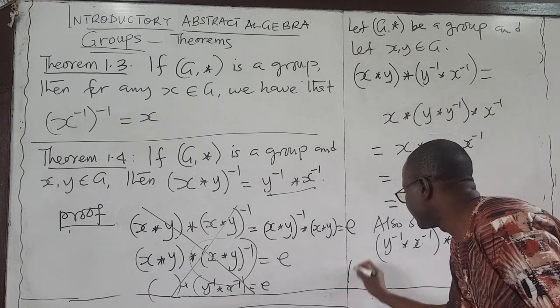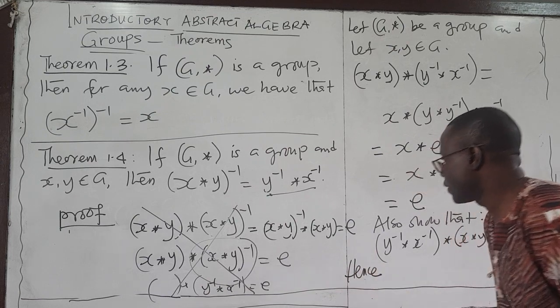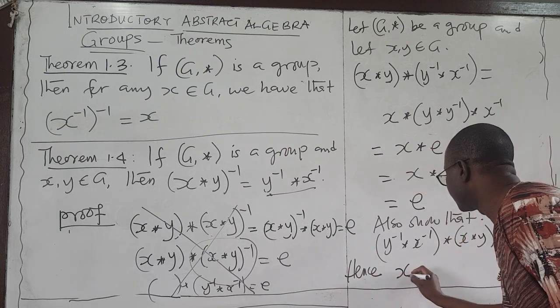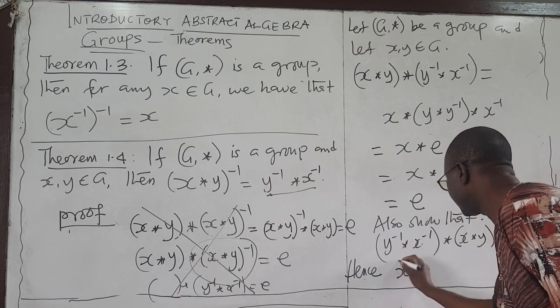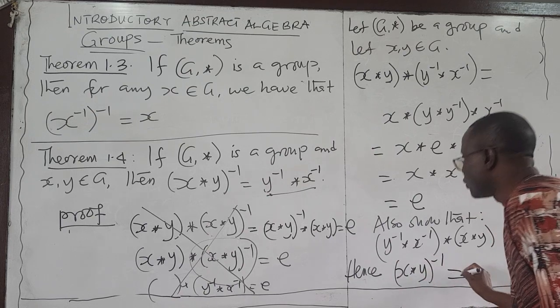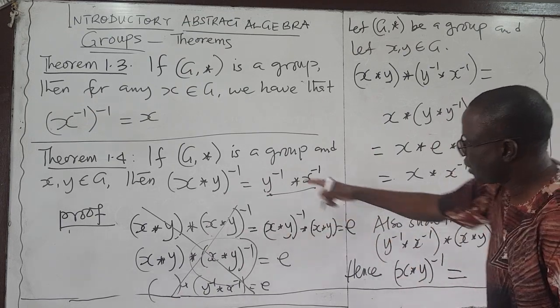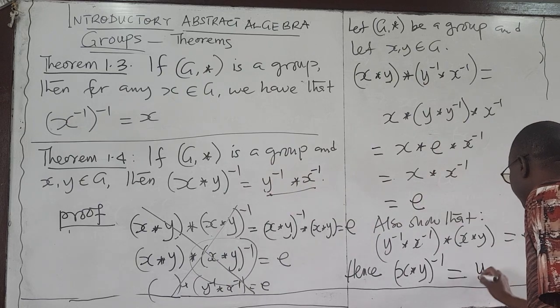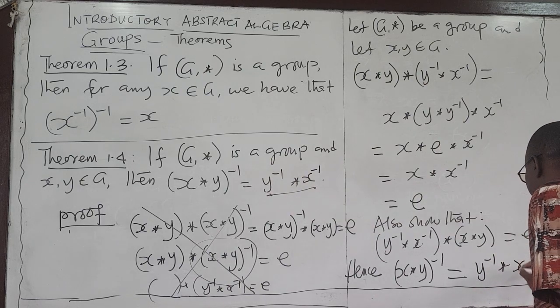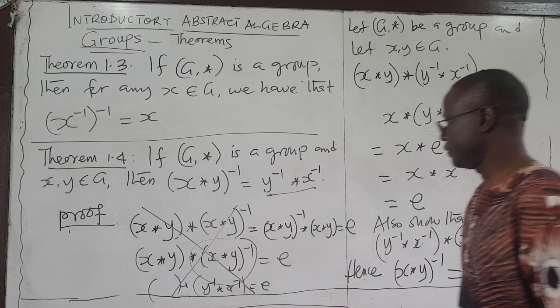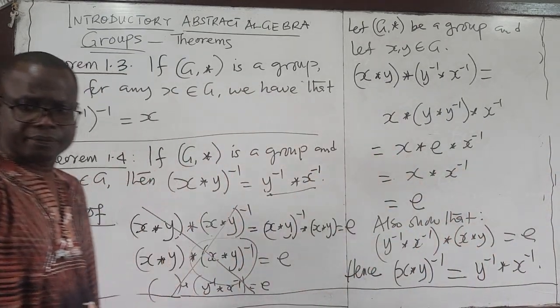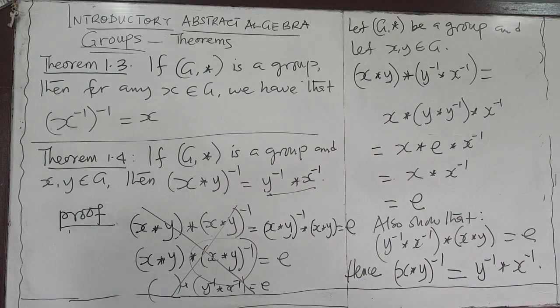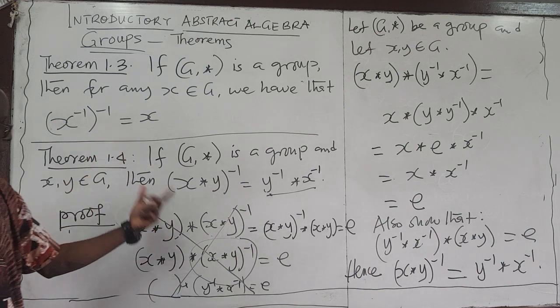So hence x star y, the inverse of it is equal to this quantity, y inverse star x inverse. You see that? So you start with this.